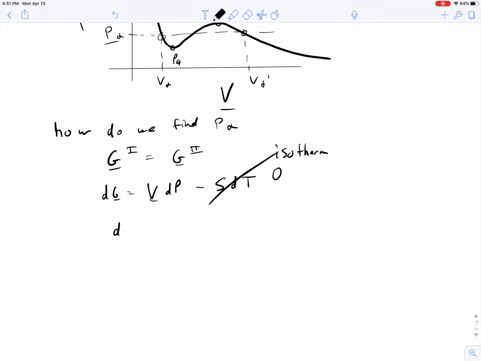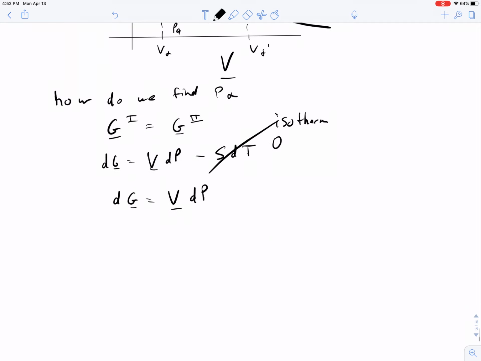So then we only have to worry about calculating Gibbs free energy from V under bar dP, which luckily we have equations of state for. Problem solved, right? Should be really easy. Well, it's hard. It's actually really hard.